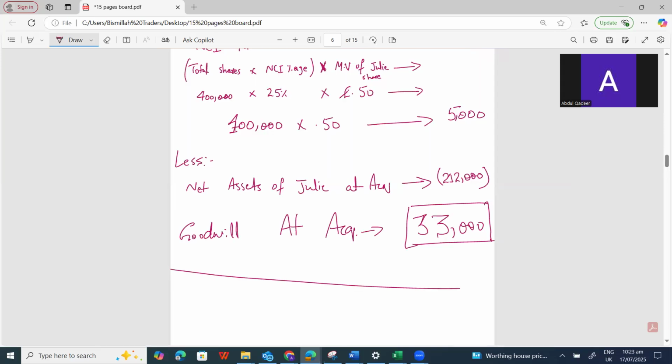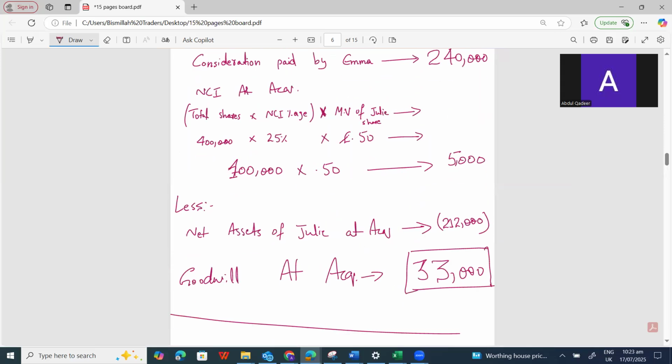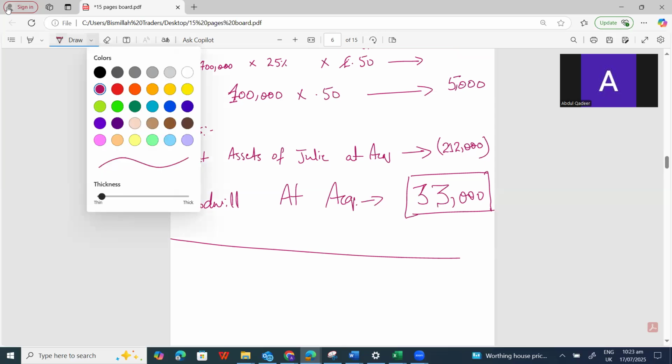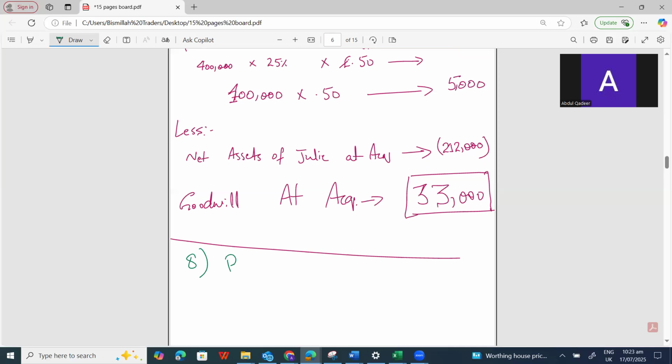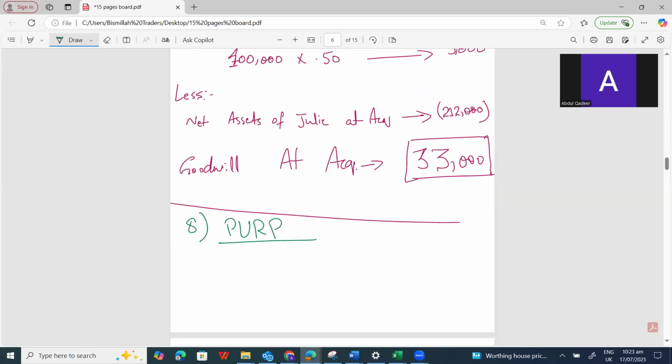Next we are calculating PURP for our working 8. We are going to calculate PURP. Cost of goods is 36,000, and out of 36,000, 25% are still in inventory.